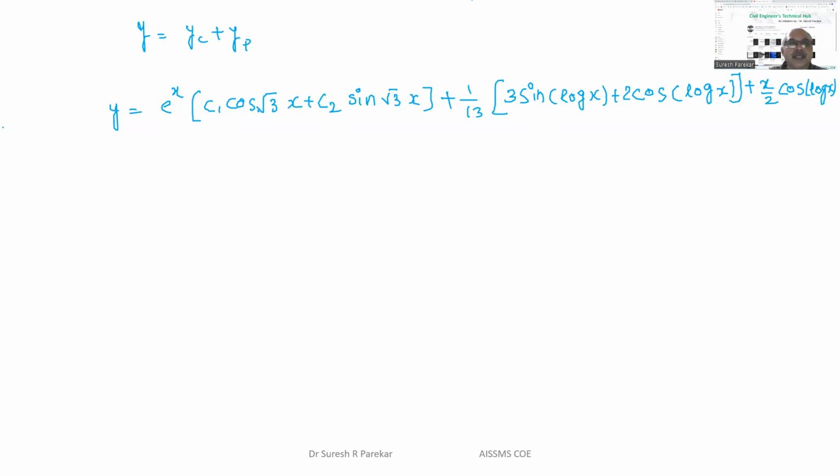So this is the value of y, or we can say this is the solution of the differential equation.